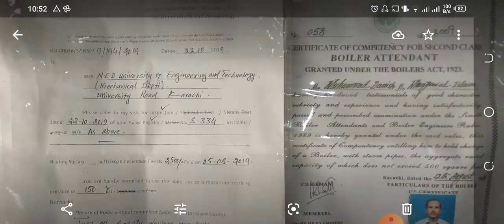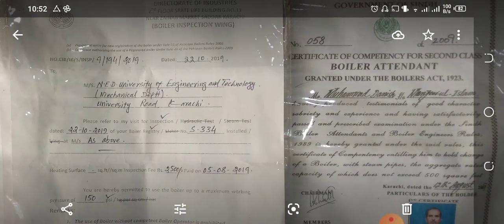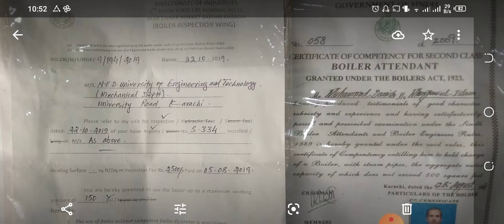As I just showed, this is a certificate of competency, second class boiler attendant, but we are going to become a boiler engineer. I also registered for this boiler examination, but the Sindh government hasn't yet executed the paper for the second class boiler engineer.